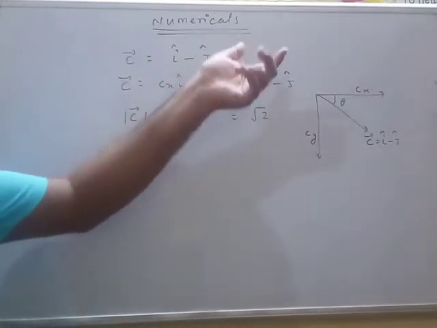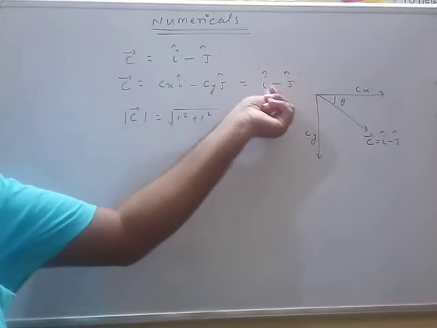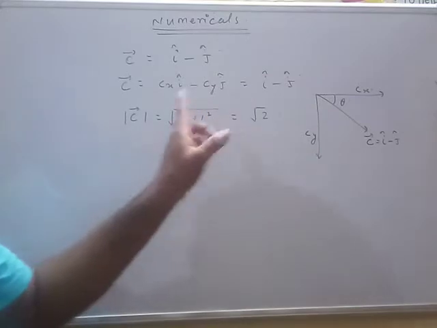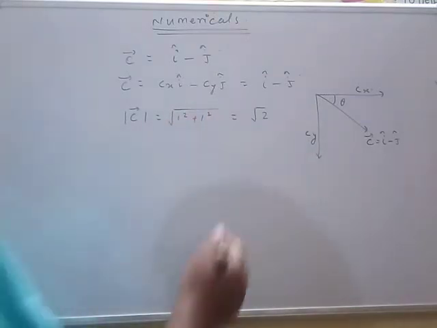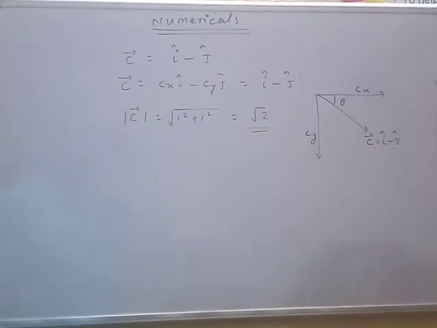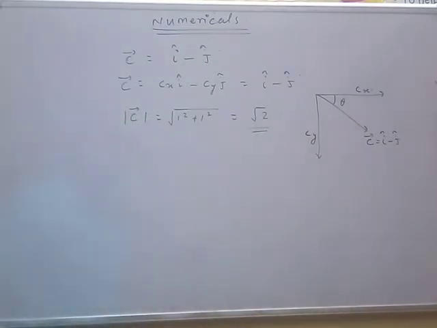Again it is similar to the previous case, where the magnitude of i is 1 and the magnitude of j is also 1, therefore it is equal to under root 2. Now the magnitude of vector C, or the magnitude of vector i minus j, is equal to under root 2.